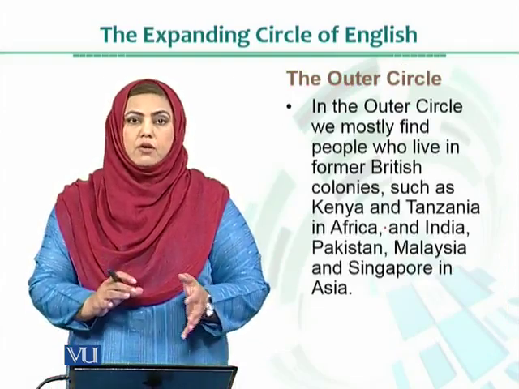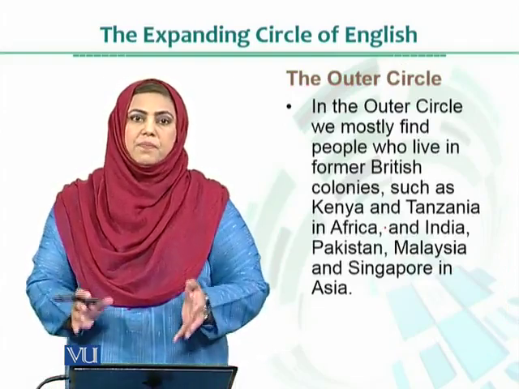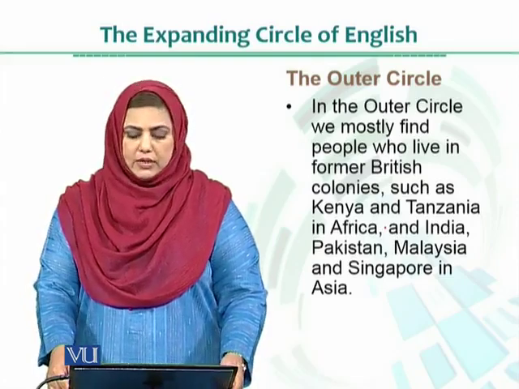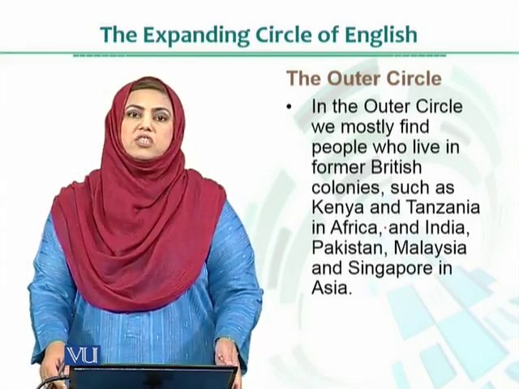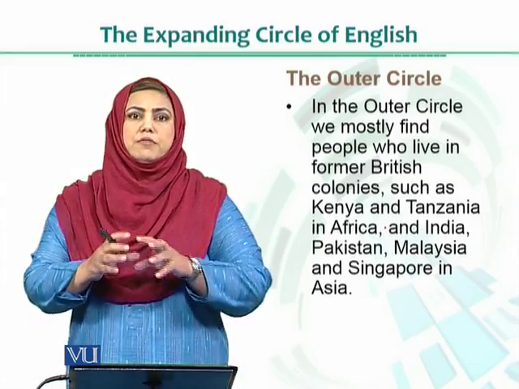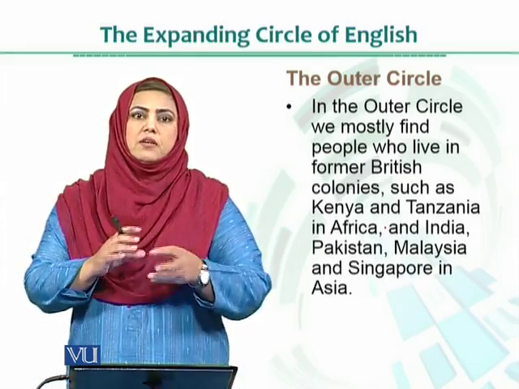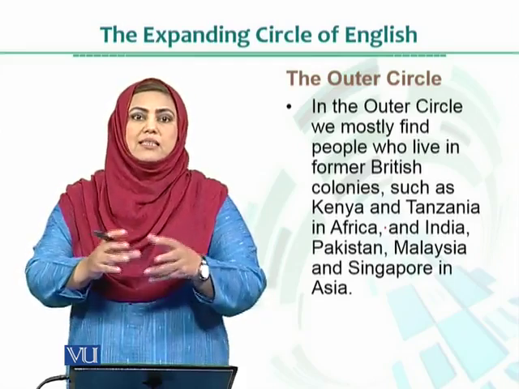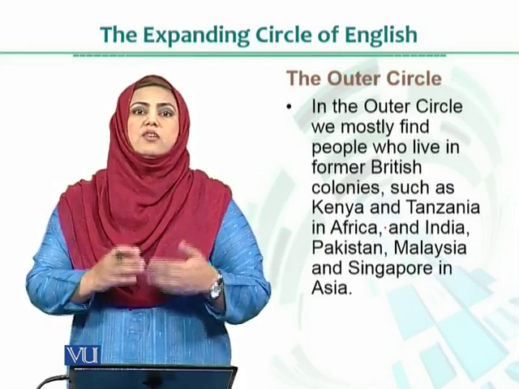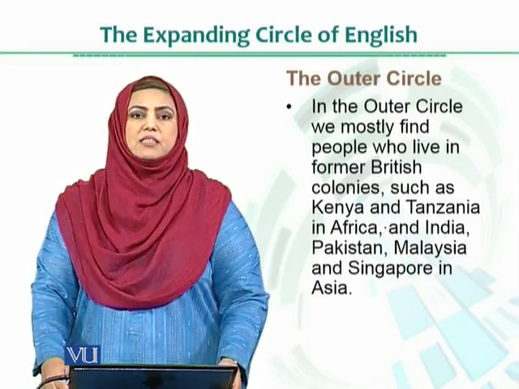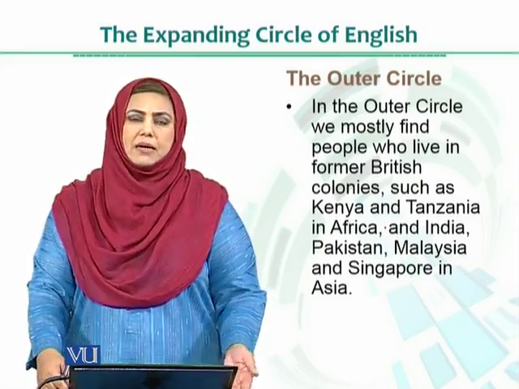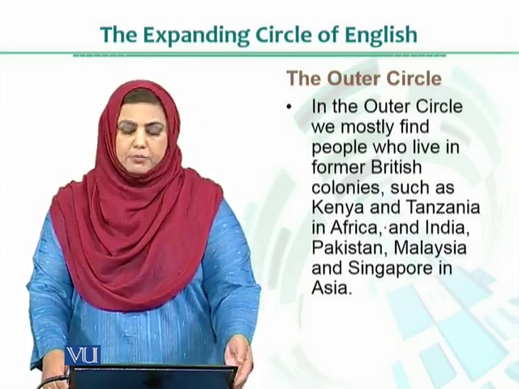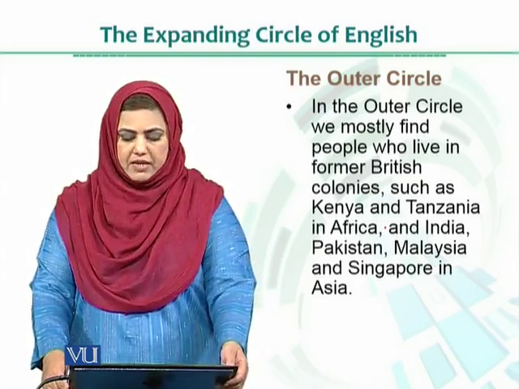When we compare all this with the outer circle, the second circle, we mostly find people who live in former British colonies, where British rulers established their colonies. These colonized areas later on were given independence at some stage. For example, Pakistan, India, Malaysia, and Singapore would come, of course, from Asia.